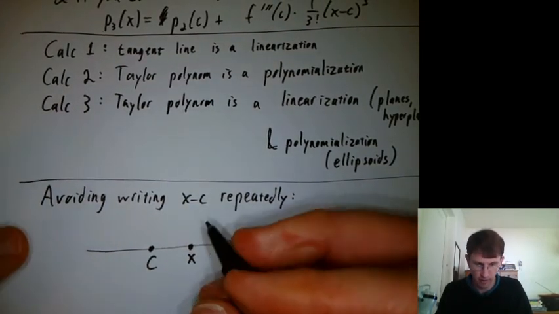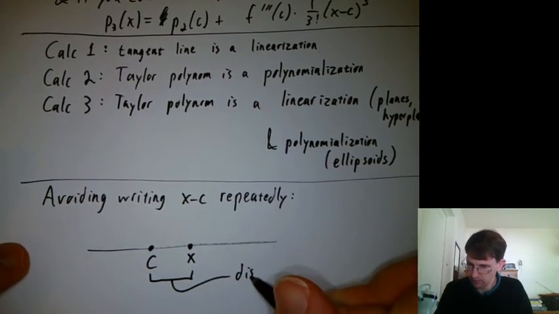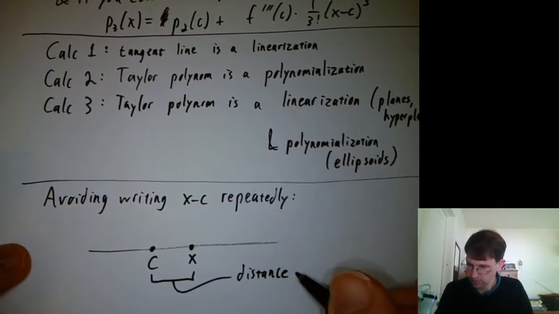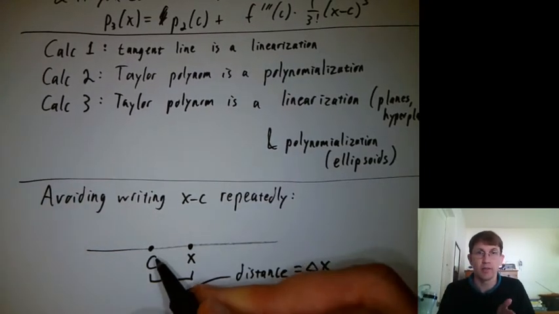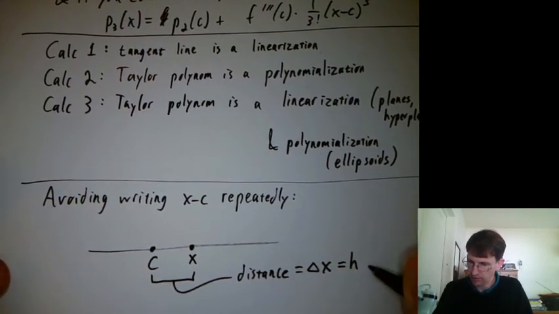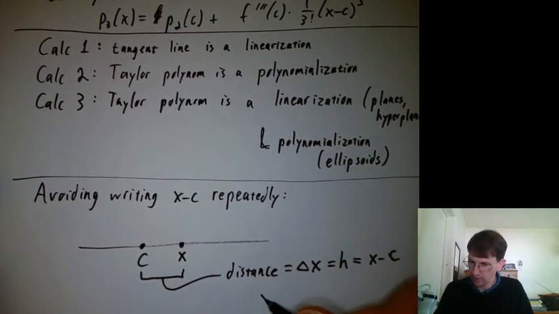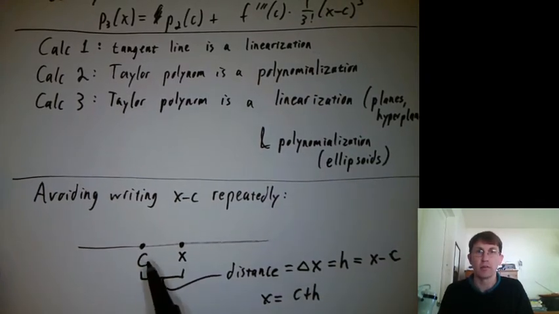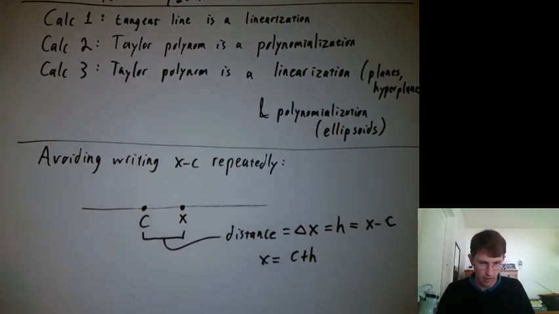That's what we're usually thinking. Let's think about this distance. You might call it delta x, how much x changed from where you were anchored to the new point. In Calc 1, we often called that h. We could call it x minus c. You could also say that x equals c plus h, right? Start where you were and then move a small distance. That's a good way of thinking of it.